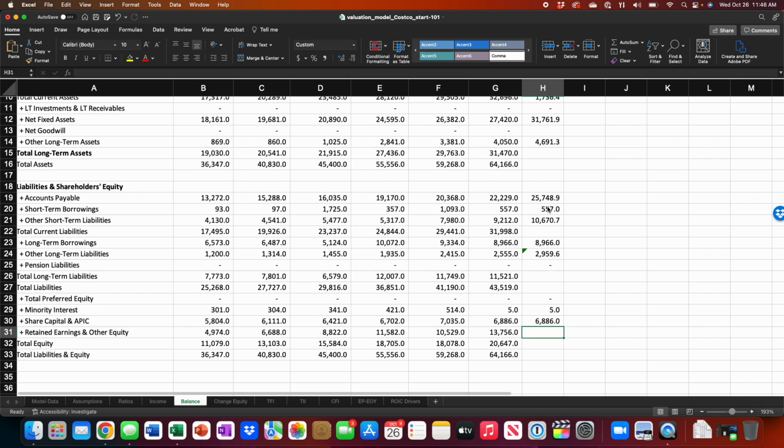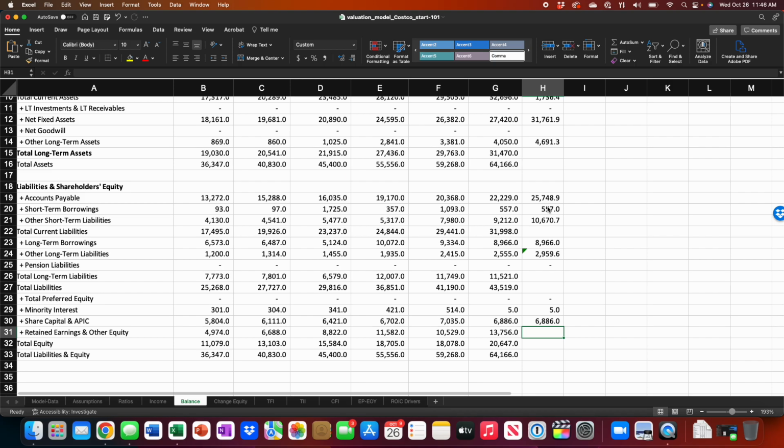So that leaves us with retained earnings. I have to solve for retained earnings this year. I know the formula for retained earnings is last year's retained earnings plus the change in retained earnings from the income statement, income minus dividends.